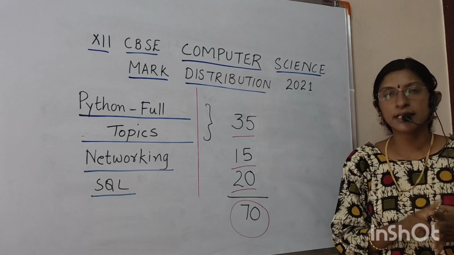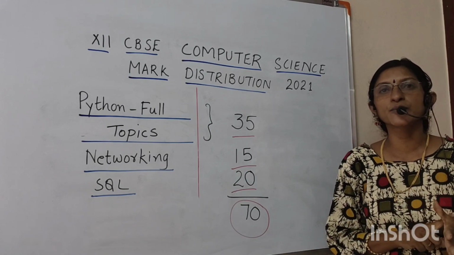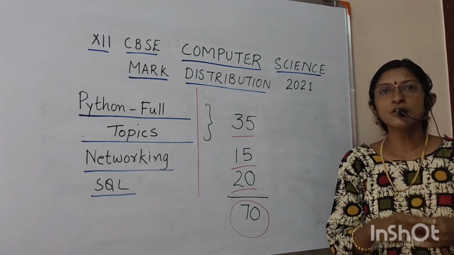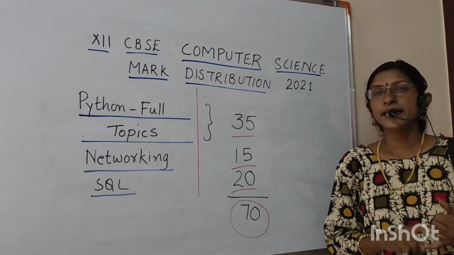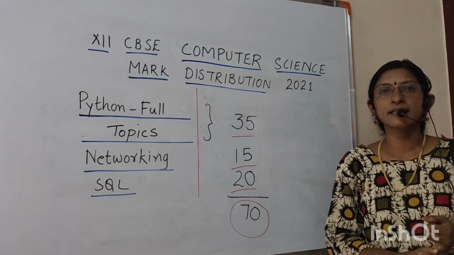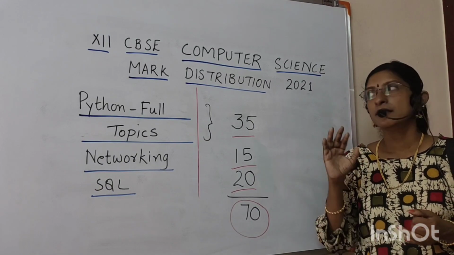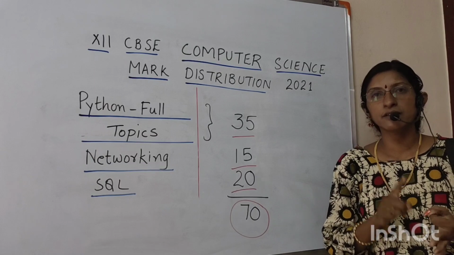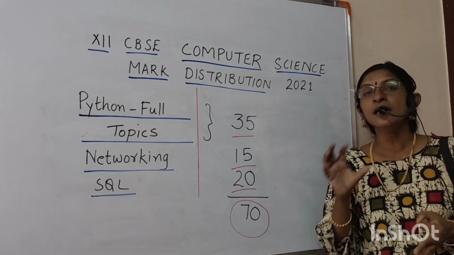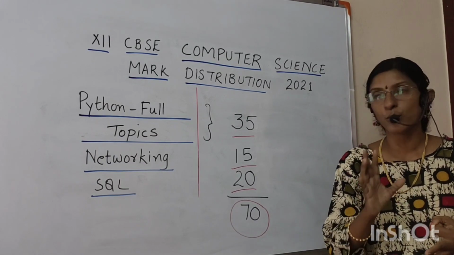Plus we have data structure and interface. Remember, interface will be of 2 marks and data structure will be of 3 marks. The rest, from data file handling, functions and revision tour fully, we have 30 marks.